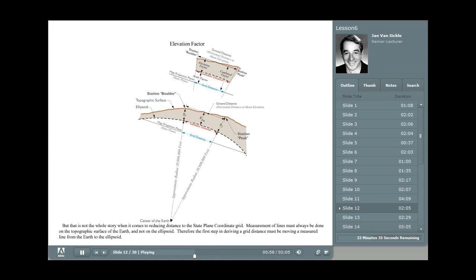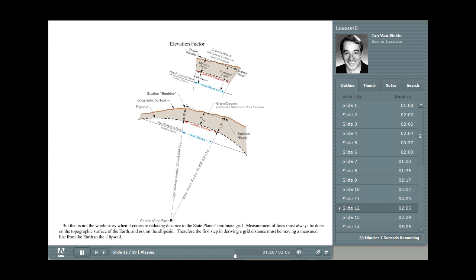Now, frequently, the way it's done is to get an elevation factor at, let's say, in this case, station Boulder, H1, and get an elevation factor at station Peak, H2, and average the two. That will be your elevation factor. Then that elevation factor is multiplied times the scale factor to give what's known as a combined factor.